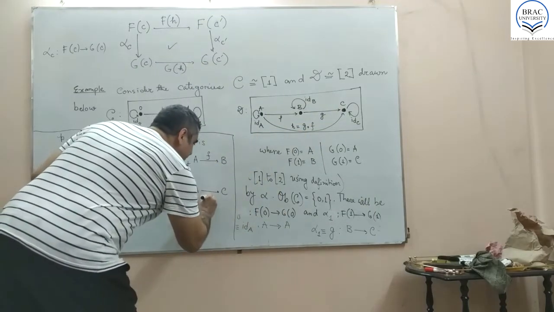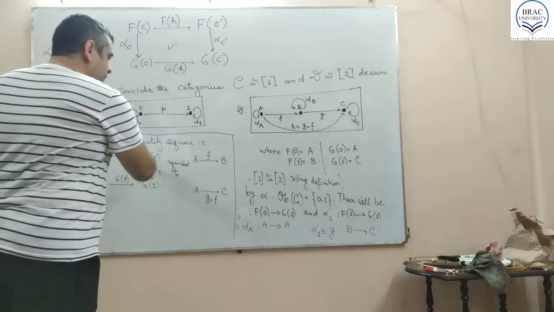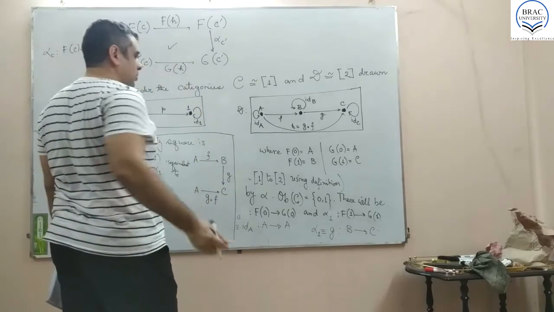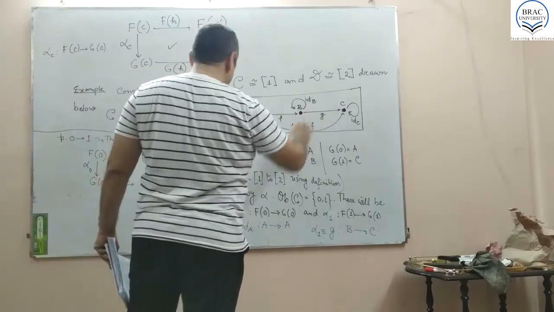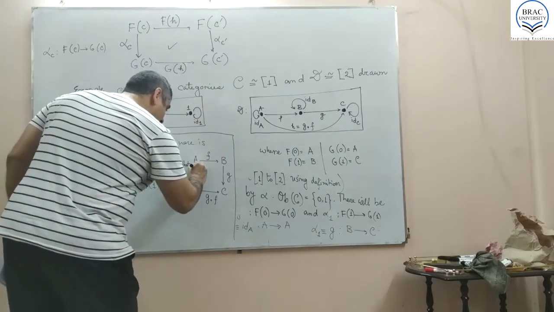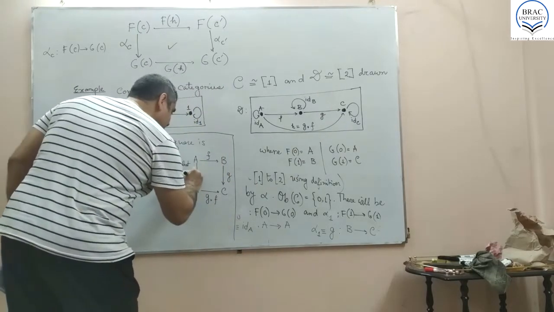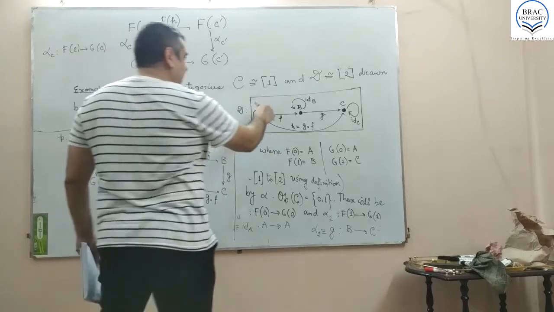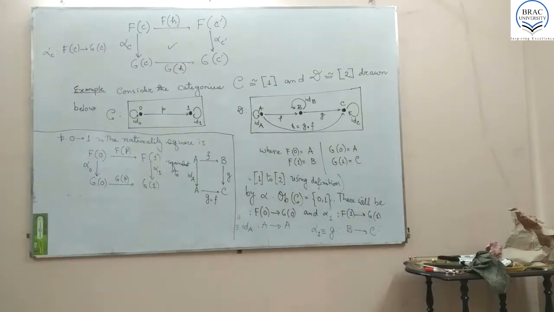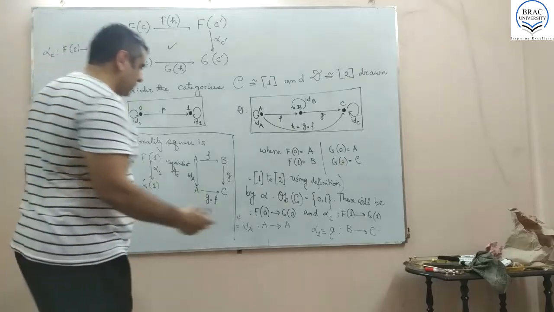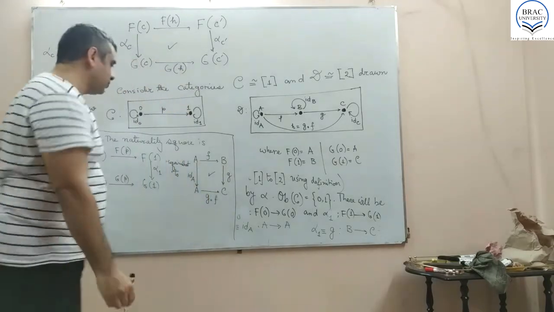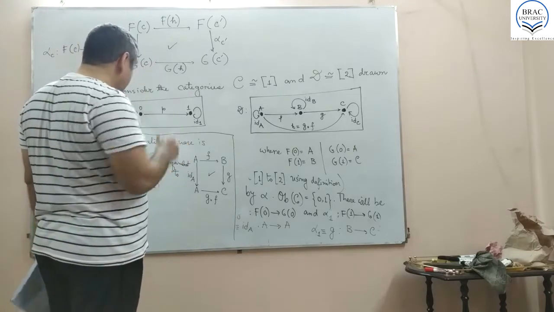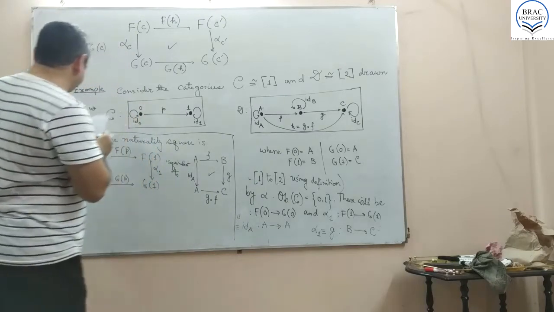G composed with F. And alpha 1, we have already seen that is G, which is the morphism between B and C in the category D. And this, we have seen, is just the identity morphism on the vertex A in the category D. So it's easy to see that this diagram commutes. So we have found the naturality square associated with this map.